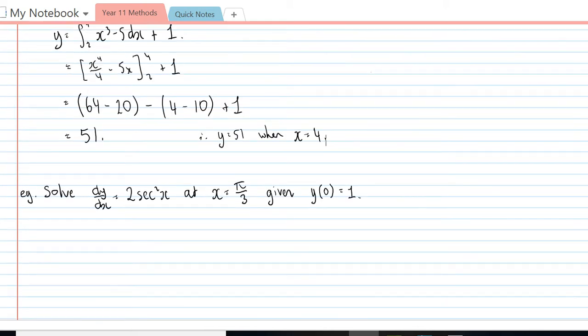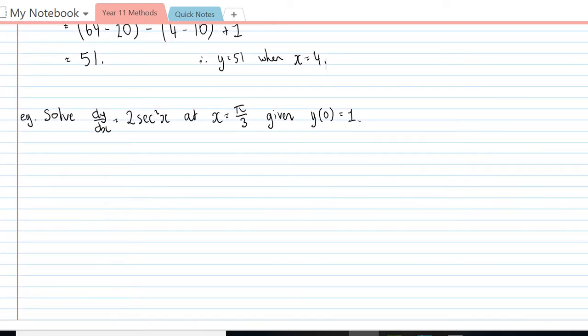The other question here: solve dy/dx equals 2 sec squared x at x equals pi on 3, given y of 0 is equal to 1. First things first, we know that y is equal to the antiderivative of 2 sec squared x dx, between our x values, which in this case are 0 and pi on 3.